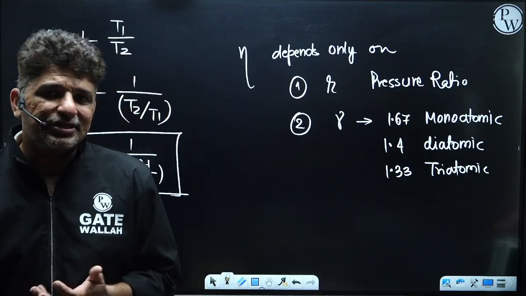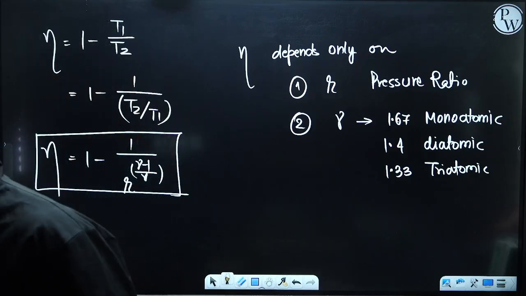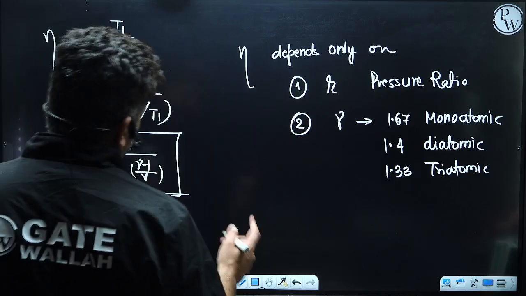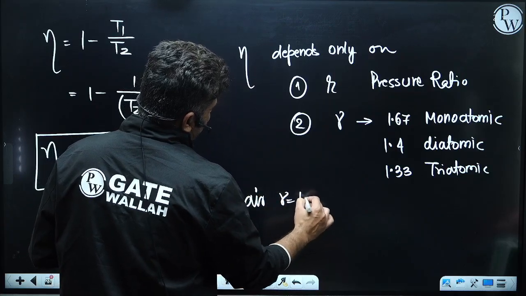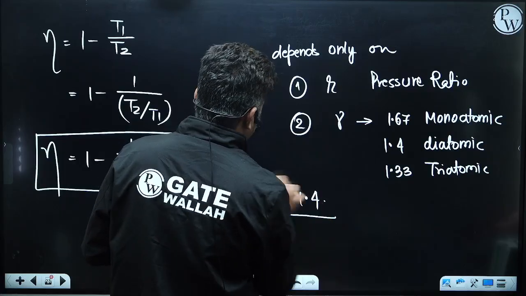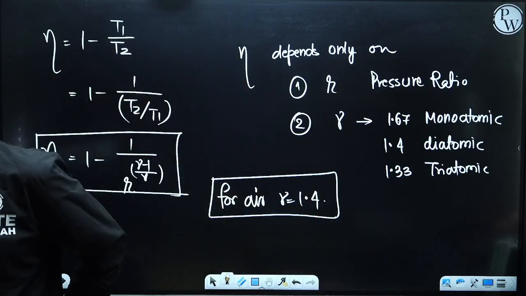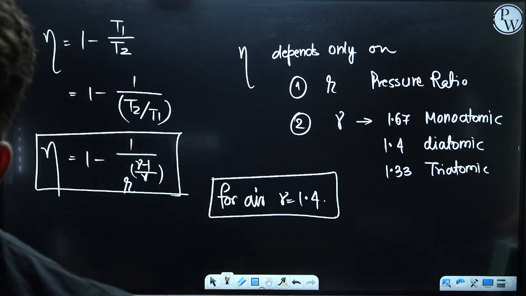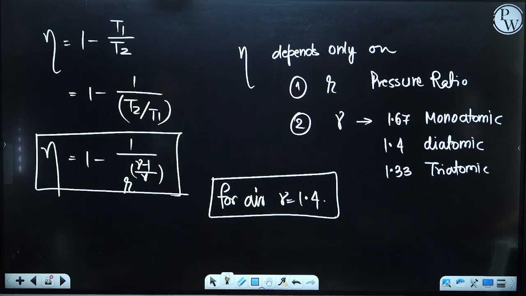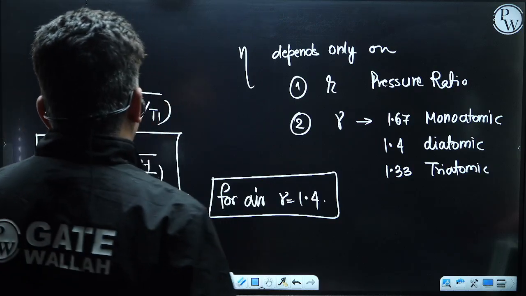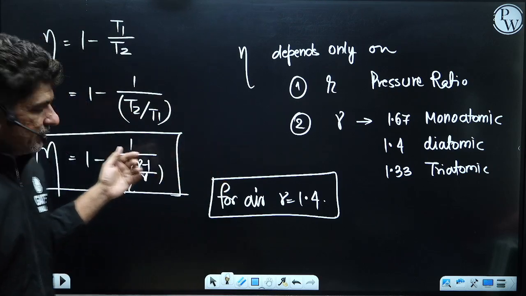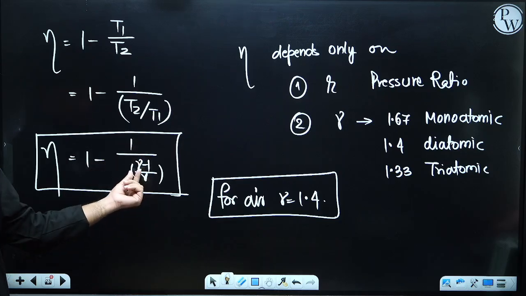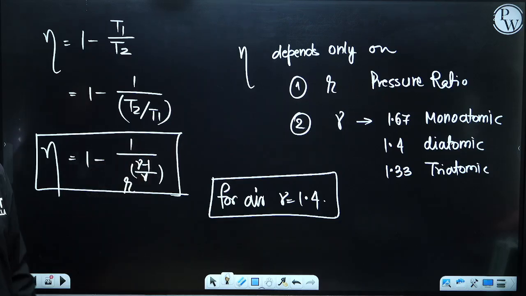Generally the Brayton cycle, which is used in aircrafts, is mostly used with air. So for air, gamma is 1.4, because air is a diatomic gas, consisting of nitrogen and oxygen. Both are diatomic, and they constitute 99% of the air. So for air, efficiency is 1 minus 1 over r to the power (1.4 minus 1) divided by 1.4.